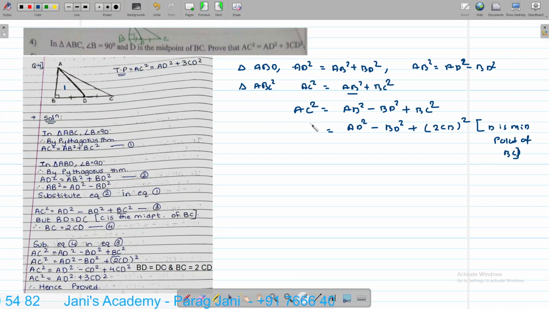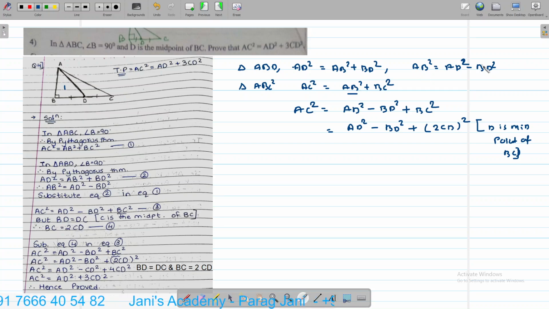Okay, again now triangle ABD, AD square is equal to AB square plus BD square. Okay, now I'll keep AB as it is, move this value here. So AB square is equal to AD square minus BD square. Now AC square, the bigger triangle, AB square plus BC square. Now AB square value I'll keep here.